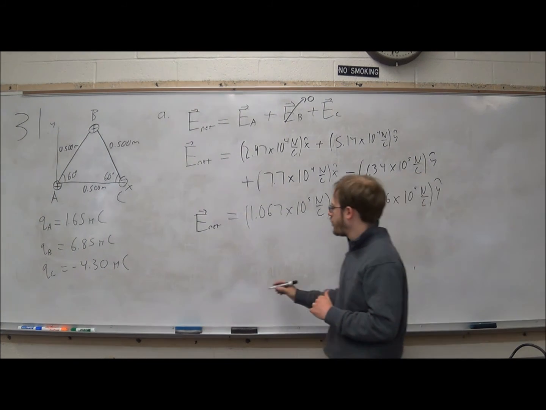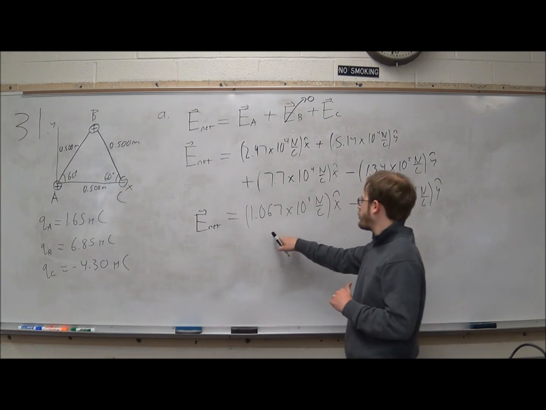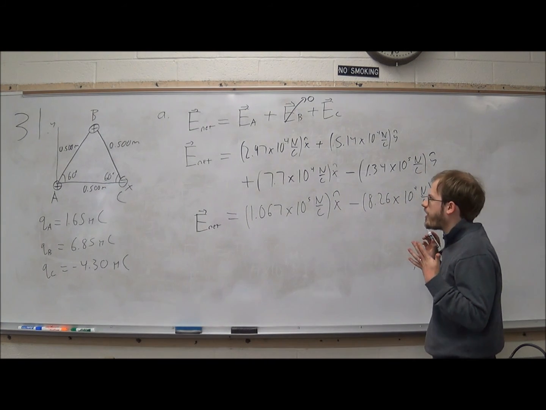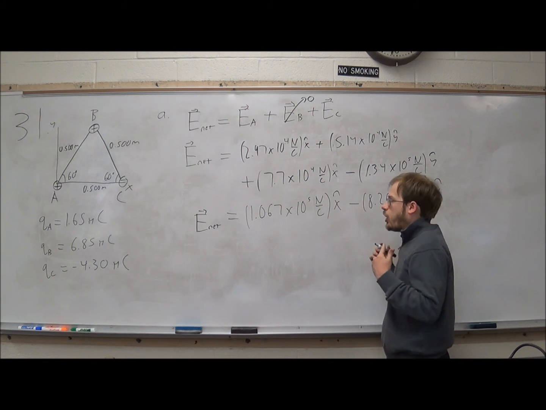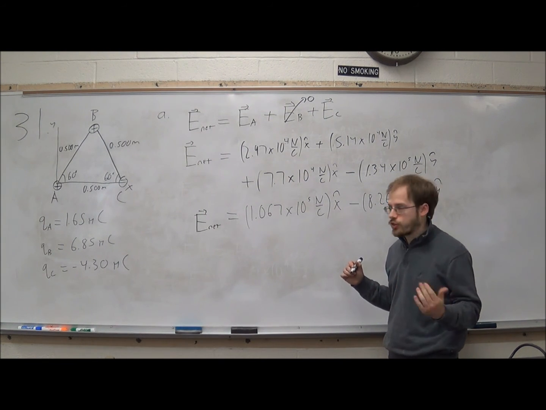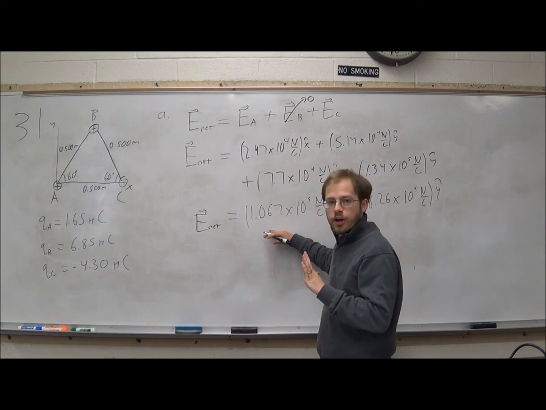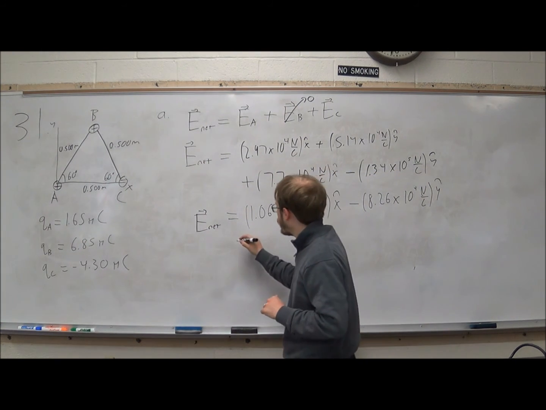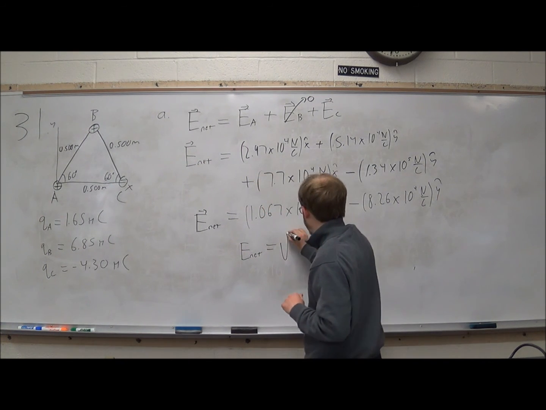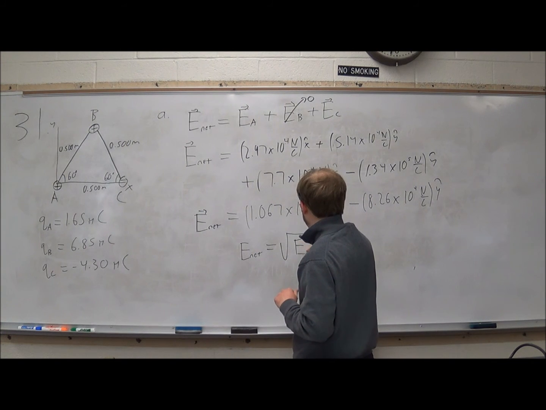So this is our net electric field in unit vector notation. But remember, we're trying to find the magnitude and direction. We need to find the magnitude number and the angular direction. But from here, it's easy. Okay, so we know that the net magnitude is just equal to the square root of these individual guys squared.